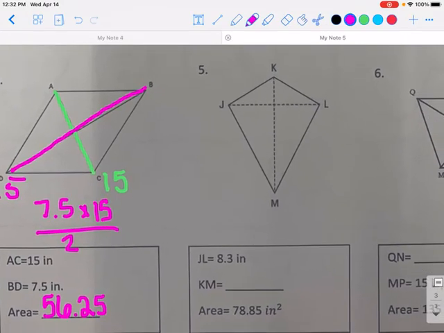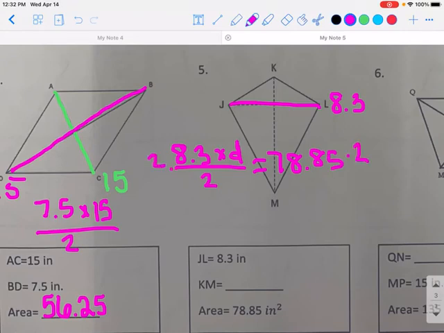Okay, next one. JL is 8.3. I don't have KM, but I have the area. So this is back to the 8.3 times the diagonal all over 2 equals area, 78.85.